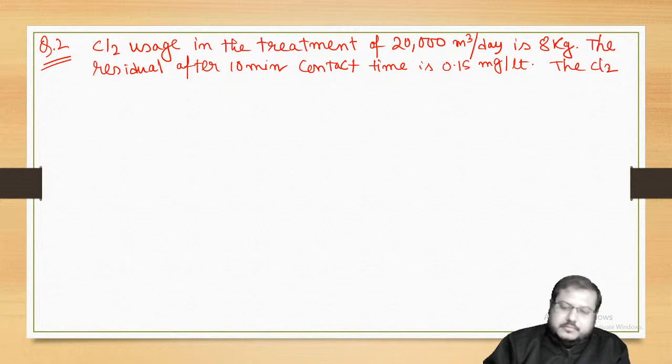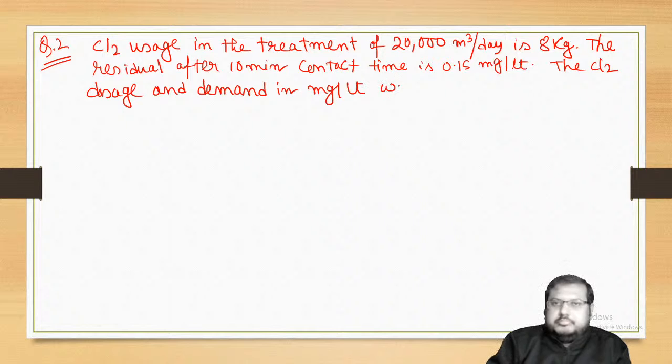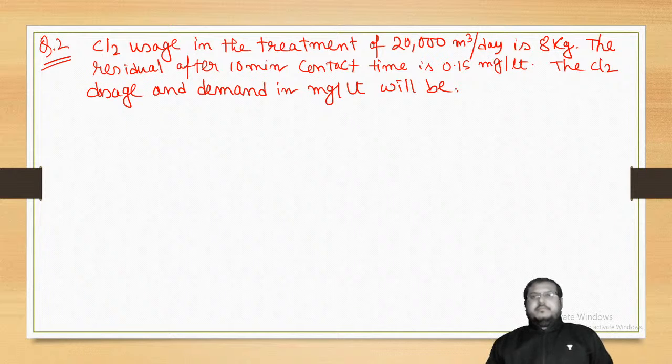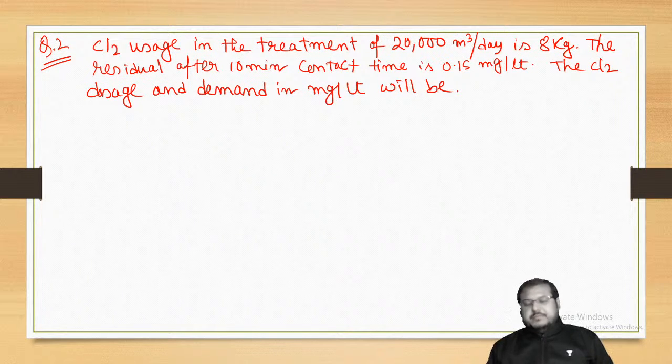The chlorine dose and demand in milligram per liter will be? Read the statement, solve it smartly, remember the unit conversion process. Take your time.